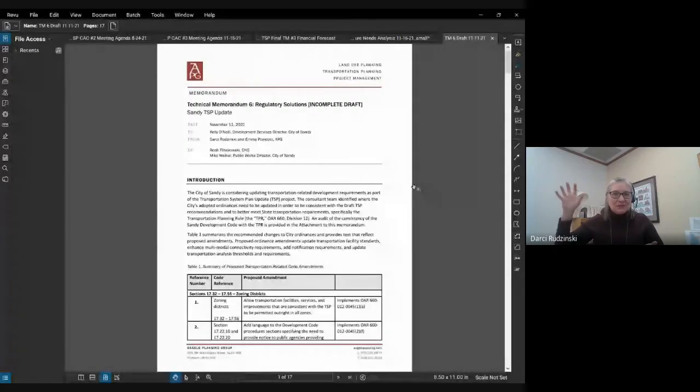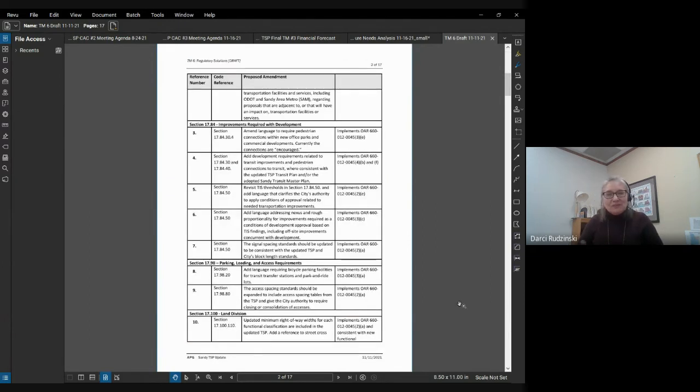So just to go over what's in the memo, that attachment is basically the transportation planning rule. This is what it requires. This is how the development code, the improvements required with development that Sandy already requires, and your land division requirements, all shape up related to the TPR.